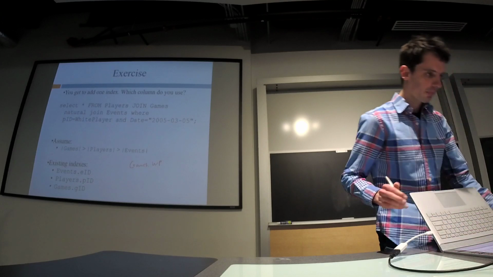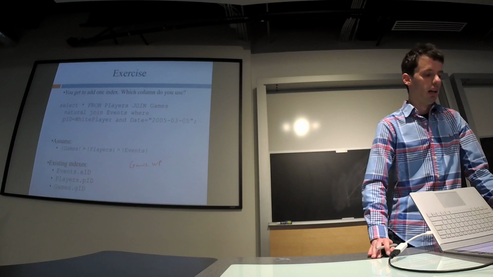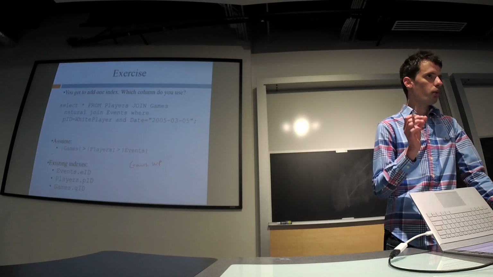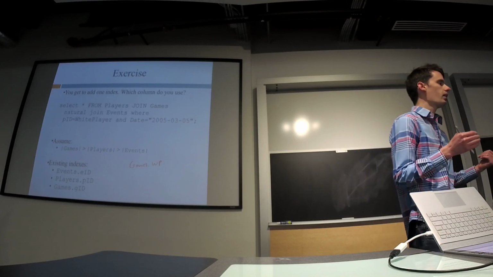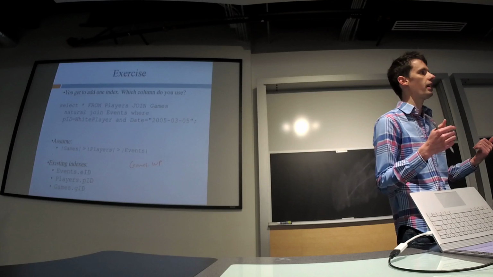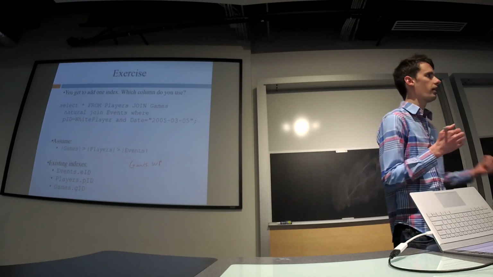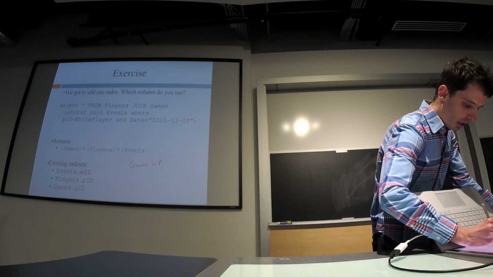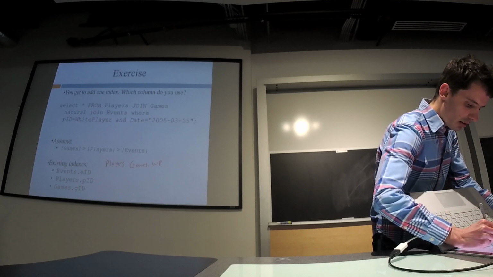Games.whiteplayer. Okay, so what that lets us do is, we're trying to join players and games. We don't currently have an index that helps with that. If we put it on games.whiteplayer, then our outer loop could be players.